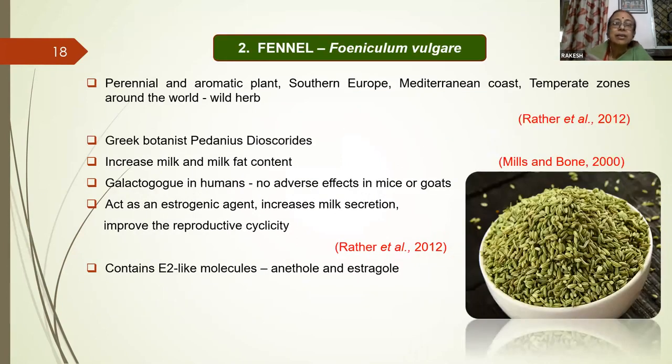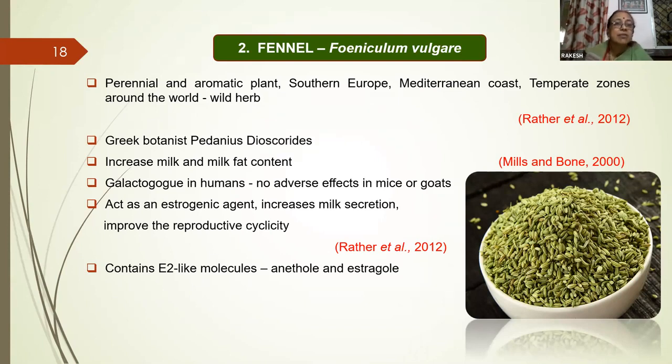Then fennel, which is known as Foeniculum vulgare, is a perennial and aromatic plant. In Hindi, it is known as saunf. It is found in southern Europe, the Mediterranean coast, temperate zones, and around the world. It is a wild herb. The Greek botanist Pedanius Dioscorides discovered this.